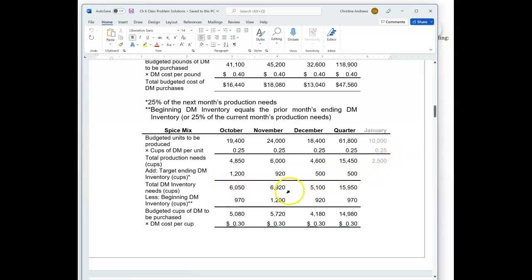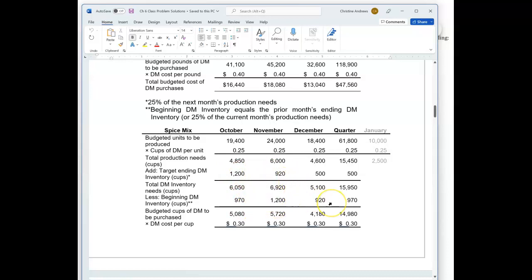So here are total cups of spice that we need, and we can subtract our beginning inventory. The beginning inventory would be 4,850 times 20%, which is 970. And then we can just take ending inventory from one month to beginning in the next.